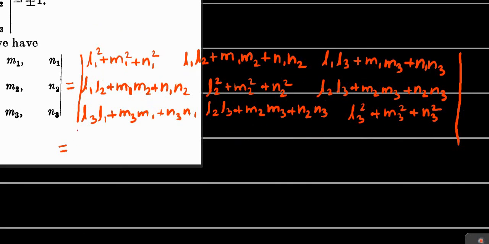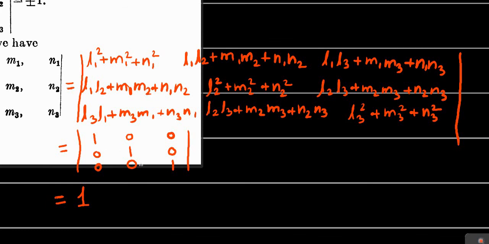Therefore we get this determinant is equal to, the first row 1, 0, 0, then in the second row 0, 1, 0, and finally in the third row 0, 0, 1. Obviously this is equal to 1.